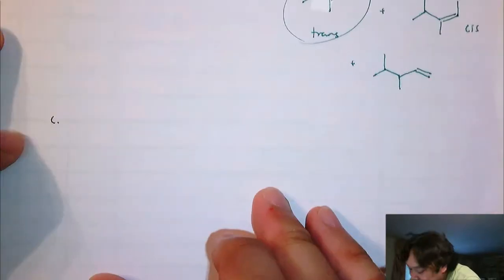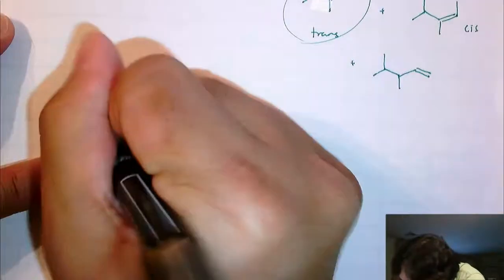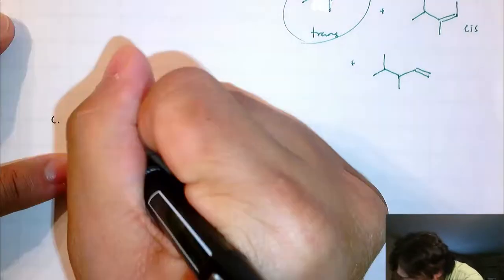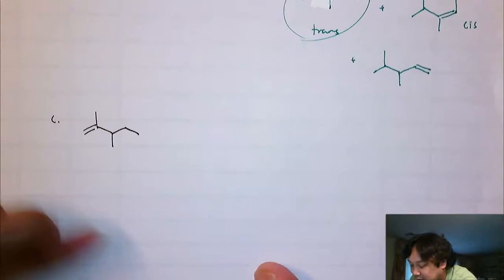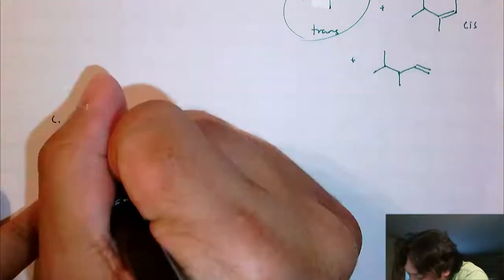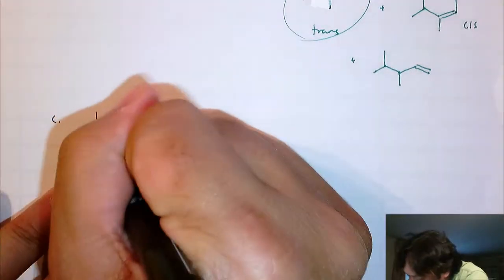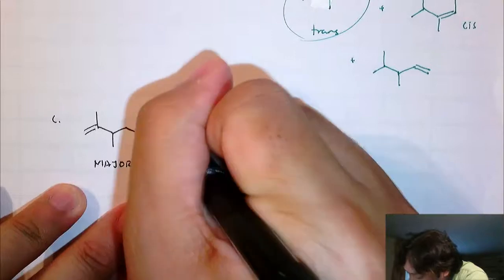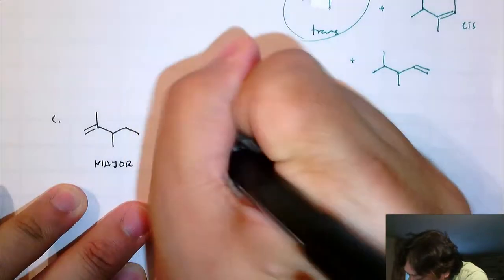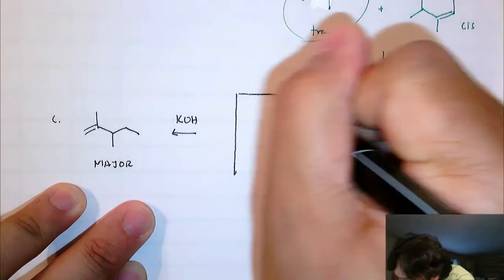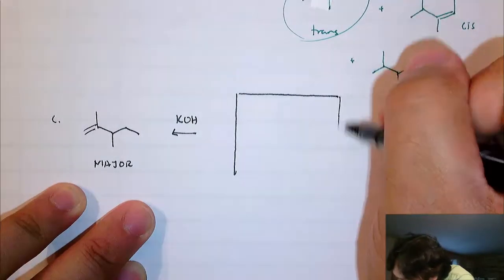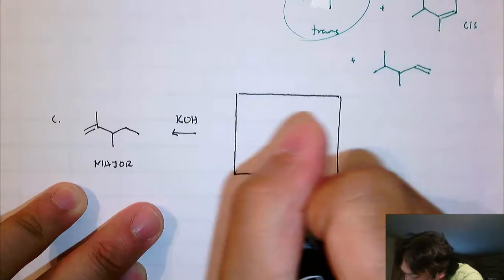C is going to be this. And if you want to summarize, the problem is this. If you want this as a major product, you want to treat an alkyl halide with KOH. What are the answers? It could be one answer, or it could be more than one answer.